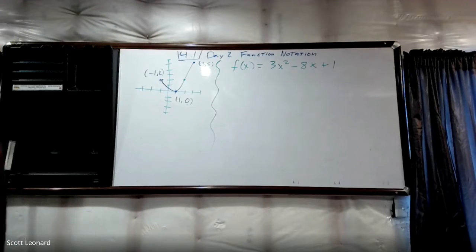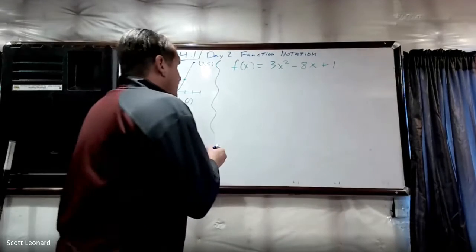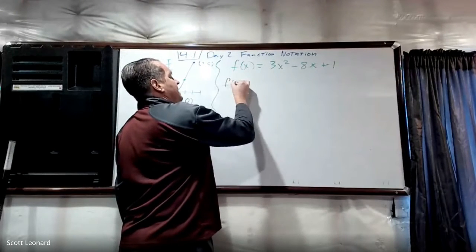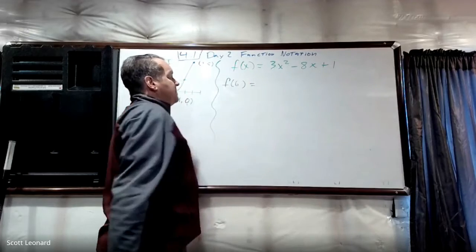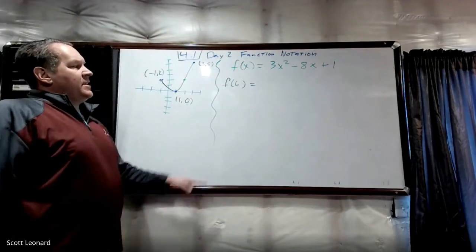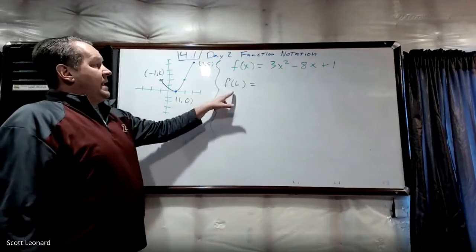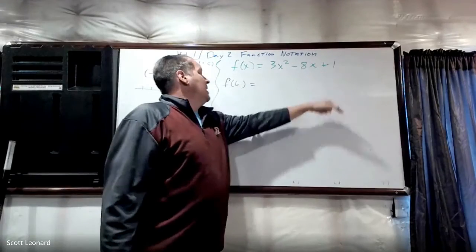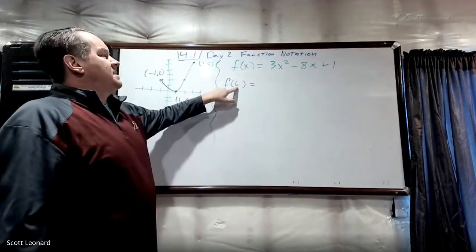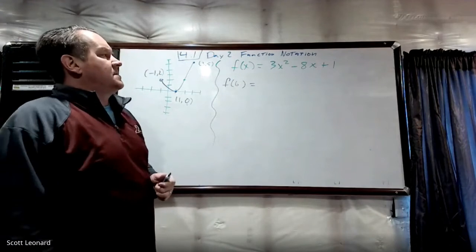Leah, pick a number 1 to 10. 6. 6, good number. So we're going to do f of 6 together. By writing this, they're asking you to plug in 6 into that function wherever you see an x.